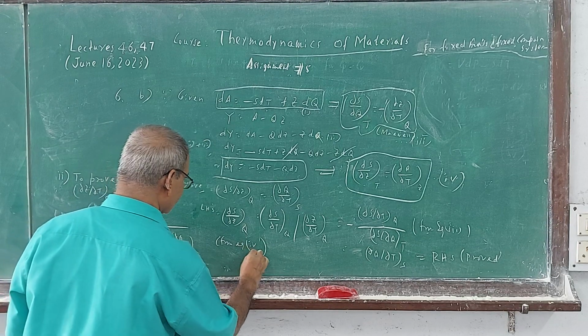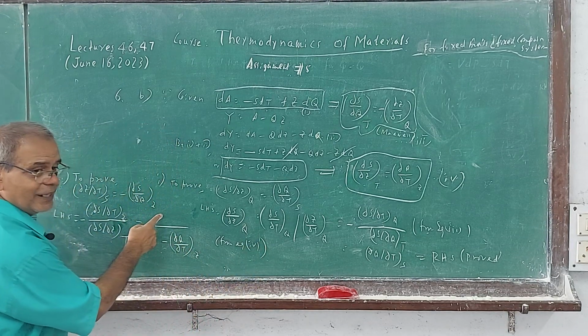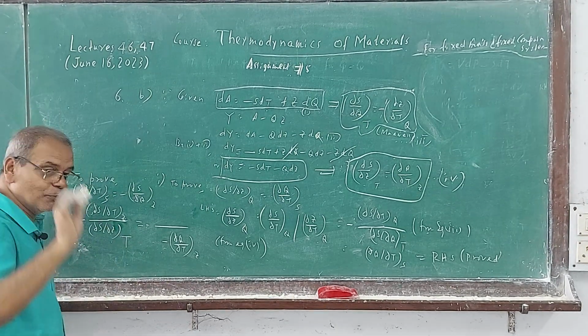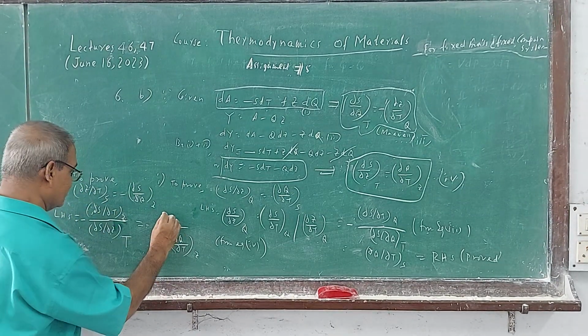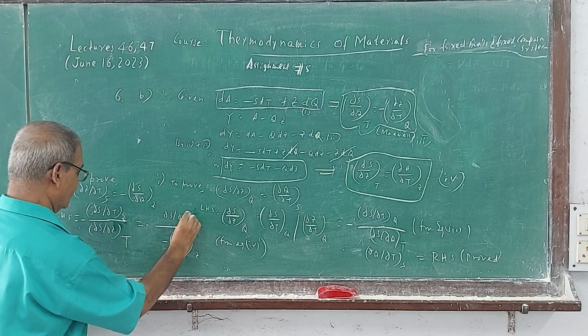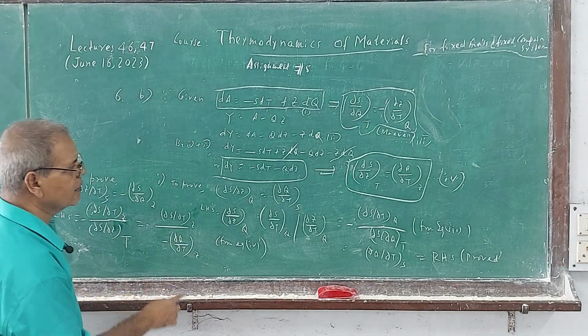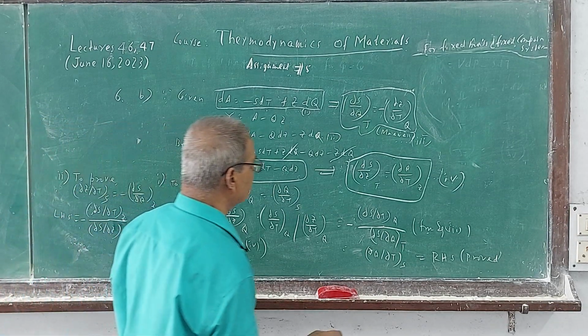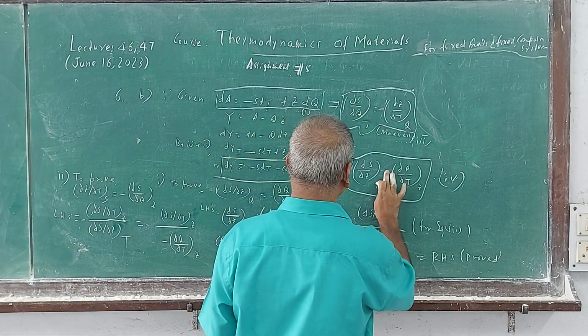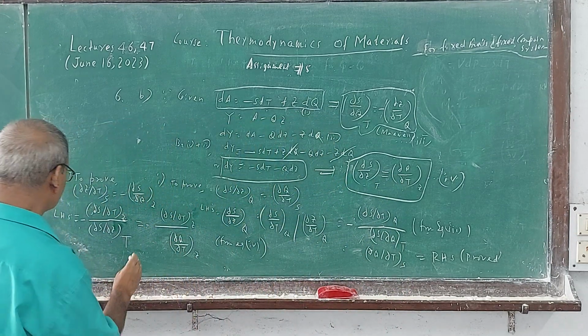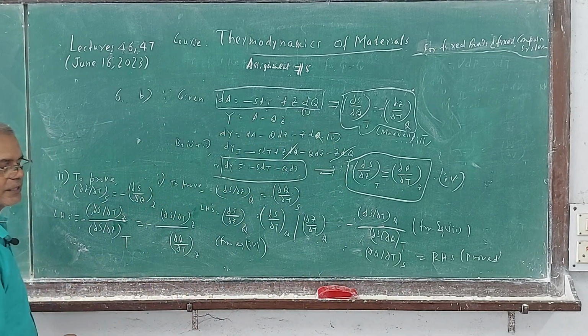One line. What shall I write here? As it is. I will have both at constant Z. Del S by. I have given minus here. There is no minus here, right? Equal sign. Okay.